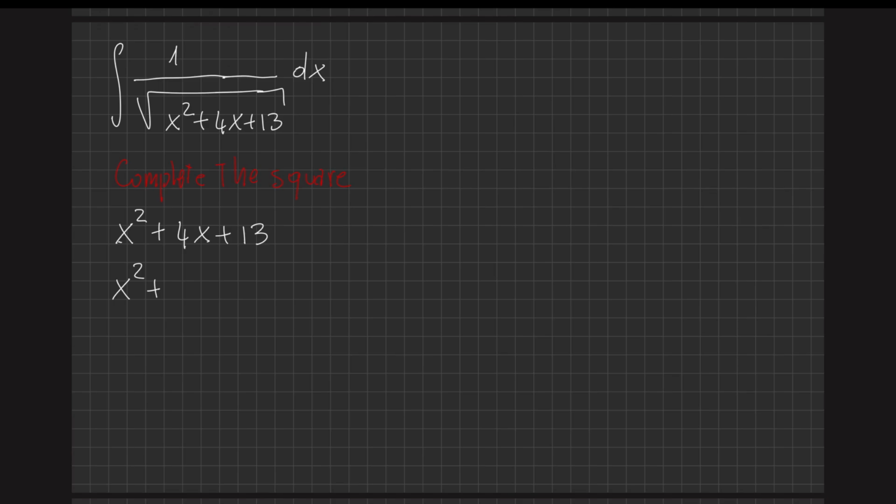And then instead of whatever term is in front of x, I rewrite it as 2ax, and I'm going to add a squared, and subtract a squared, and I'm going to finally rewrite 13 here, plus 13. Okay, so I rewrote 4x as 2ax, and then I add and subtract a squared.